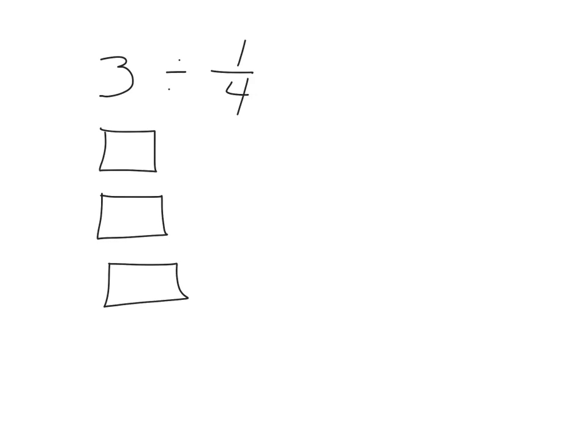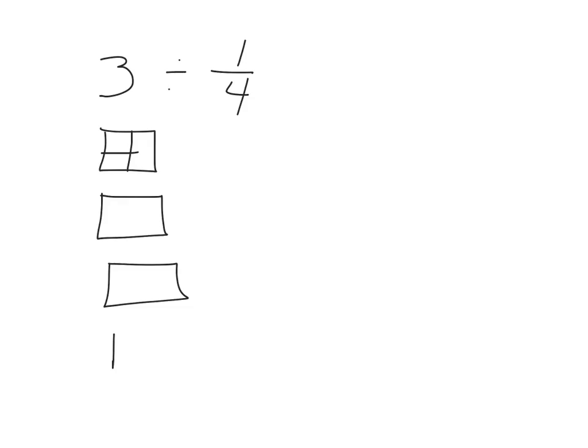The next thing I'm going to briefly touch on is dividing with fractions. We're going to keep it with just whole numbers and unit fractions. So if I started out with 3 wholes divided by 1/4, what I can view this as is 3 wholes that I have right here, and I want to figure out how many 4th size pieces.